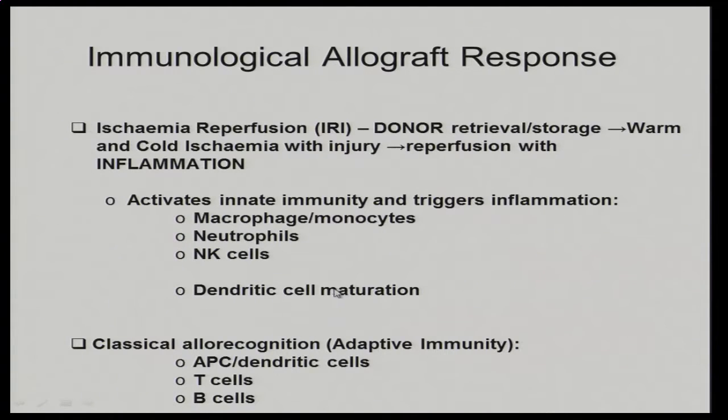Dendritic cell maturation is the key part of the classical allograft response, which is the adaptive immunity, the presenting cells, T cells and B cells, and that's what we generally talk about. But in fact, it gets triggered, set in place and amplified by the ischemia reperfusion injury.